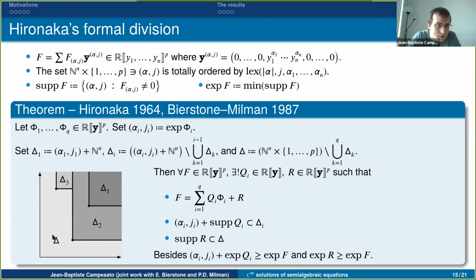So this delta here, the area which is in light gray.